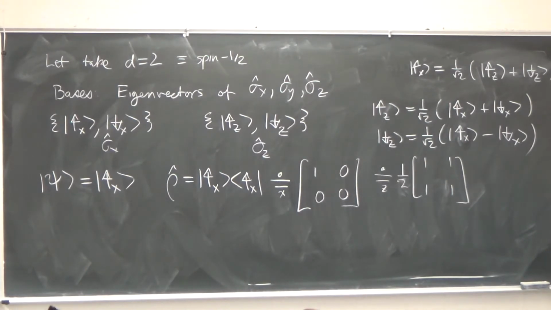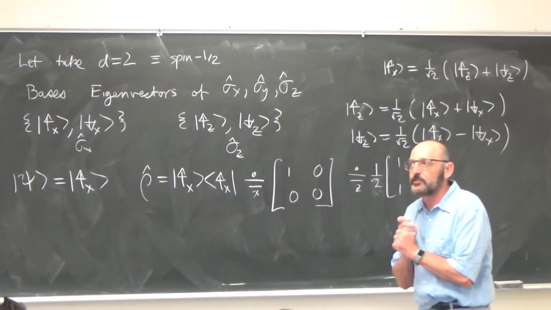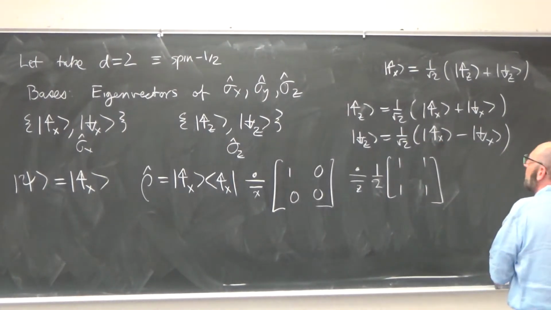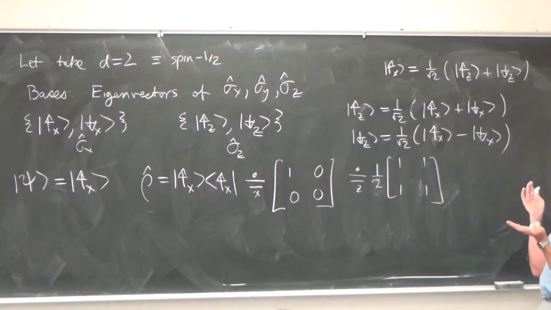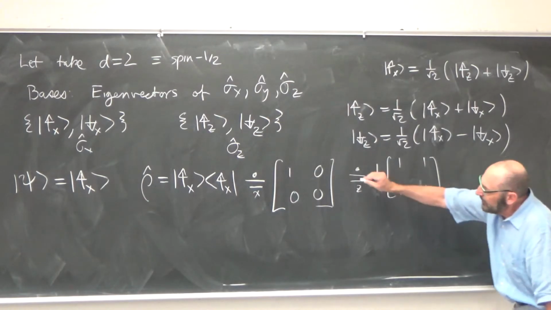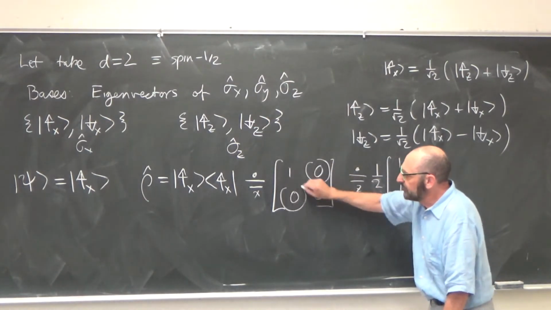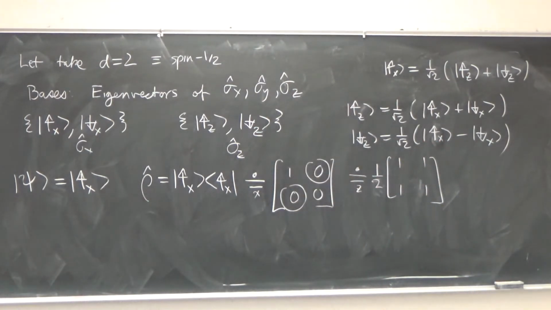All right, so here's your question, folks. Does this system have quantum coherence in it? Well, it kind of depends what you mean. These off-diagonal matrix elements are 0.